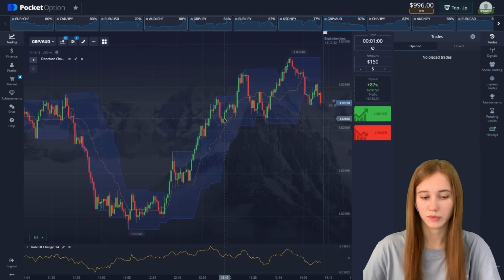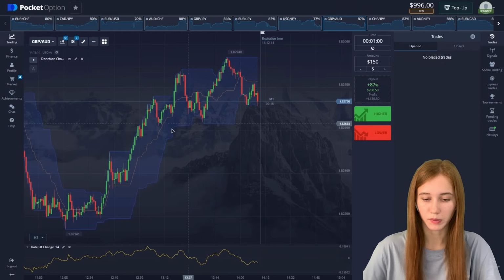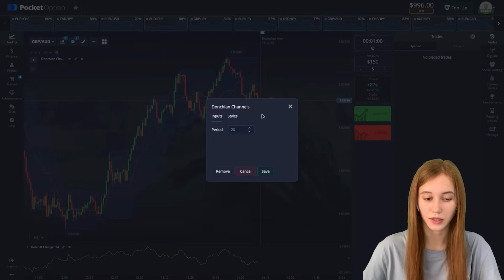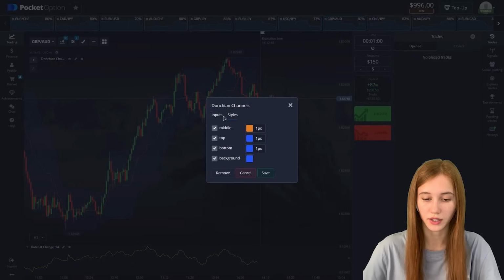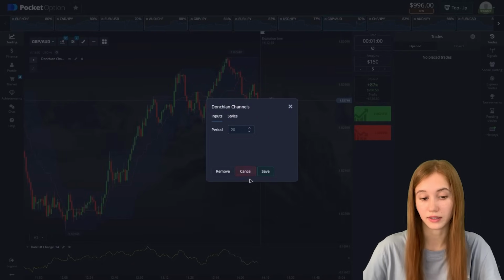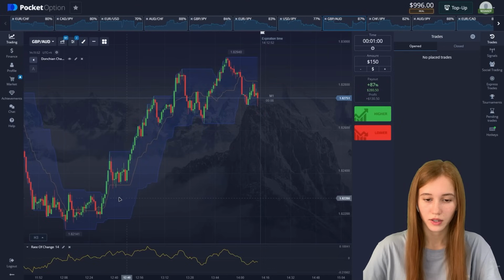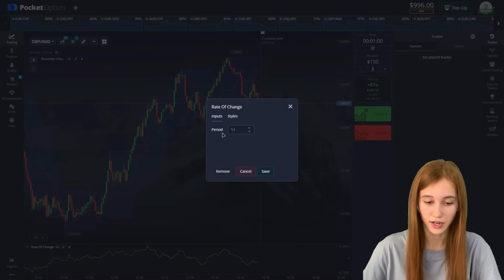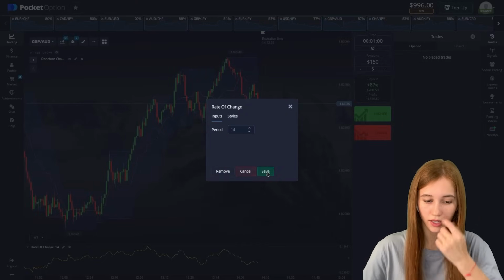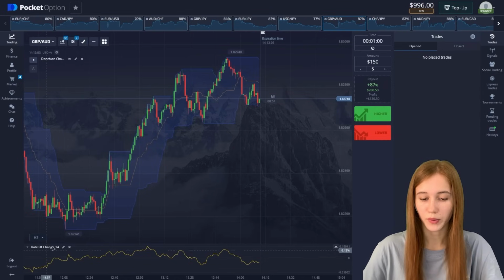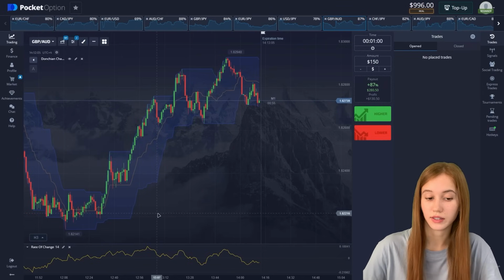So we will use the basis of technical analysis, but we also use these indicators. Let me show you the settings of this indicator, and let's talk about the second indicator, the Rate of Change. Settings. Let me tell you. Rate of Change can be both an oscillator and a trend indicator.